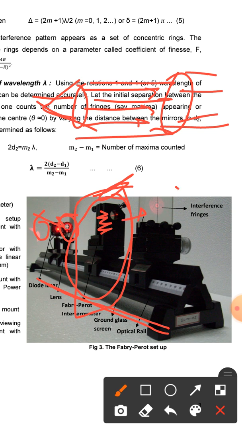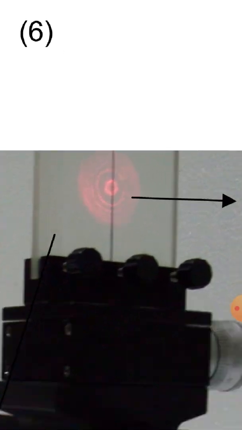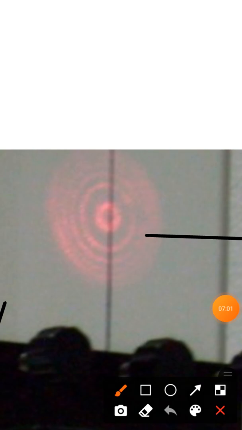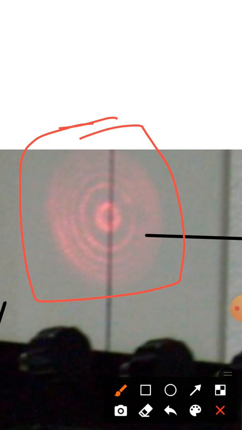You can see on this wall the resulting interference of light, and very clearly you will have some circles. So it is a very fine apparatus to find the path difference or wavelength of light.